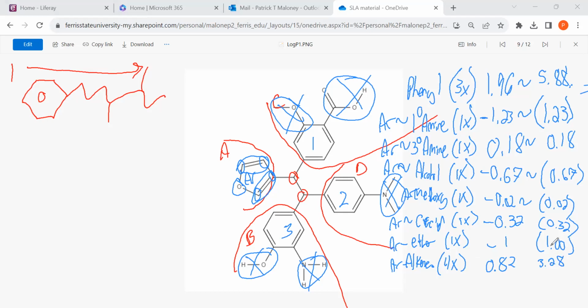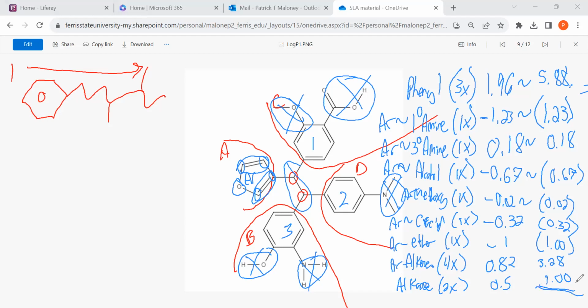And then last but not least are alkanes. So we've got 2 alkanes here in the middle. This is why I like to break up nonlinear groups into separate pieces, because the alkanes at the end are pretty easy. If you've got something linear, do it from one end to the other, but this, it's alkane 2x, it's half per, so 1 overall.